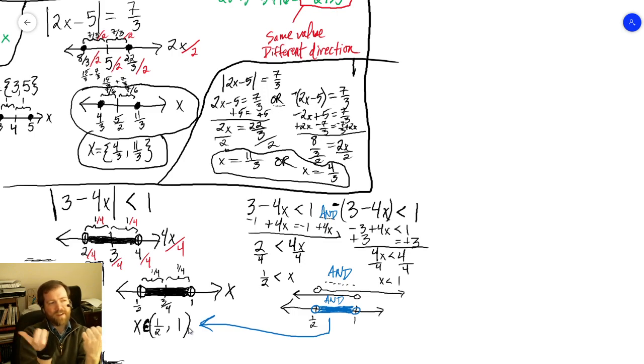Off to the right and off to the left of those values. So when I talk about this, I usually talk about border points, which are going to be those that are on the edge of the intervals in question. So we have border points at 1/2 and 1, and those border points in this case will be hollow, and also all acceptable values must be within those borders.